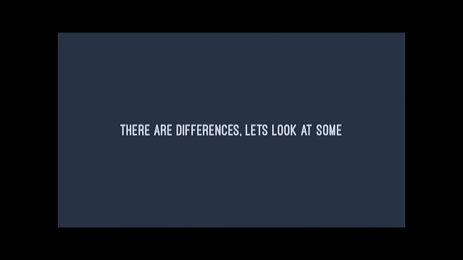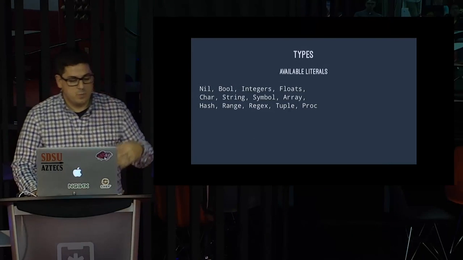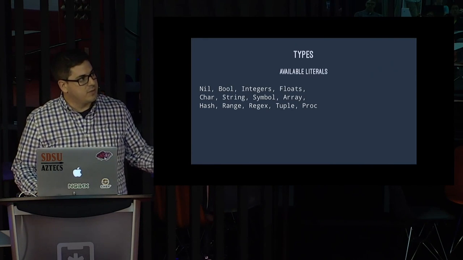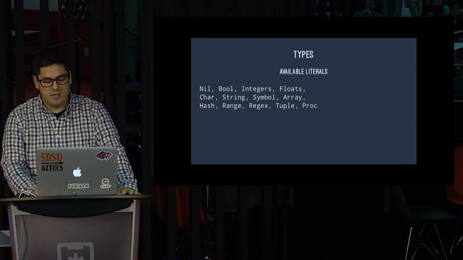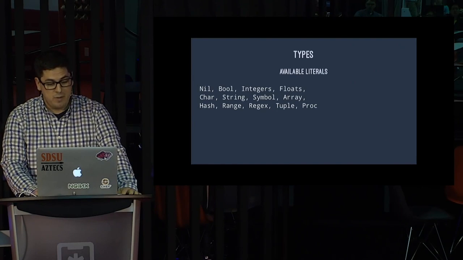So there are differences, though. It's not the same language. So we're going to look at a couple of them right now. Types. You got all the available literal types. I'm not going to go into all of them because we're kind of time constrained, but you can specifically require an input to a method to be a specific type, or you could kind of lean on the compiler to do that for you, because it does pretty good type inference.